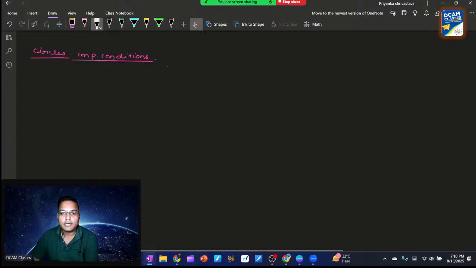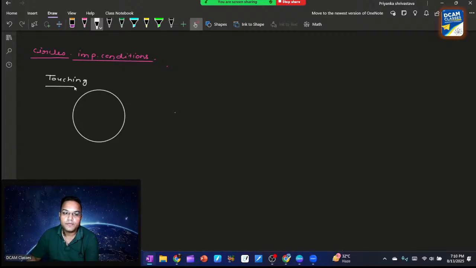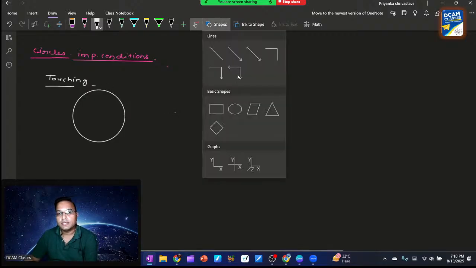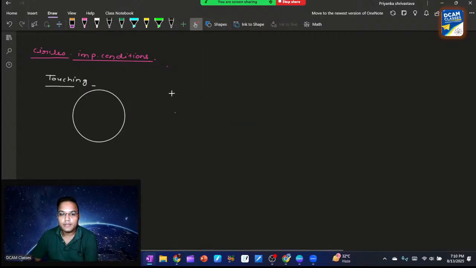Conditions are when there are two circles, suppose. Circles are touching each other. If two circles are there, they are touching each other. They can touch in two different ways. One way is this. I'll make one smaller circle.